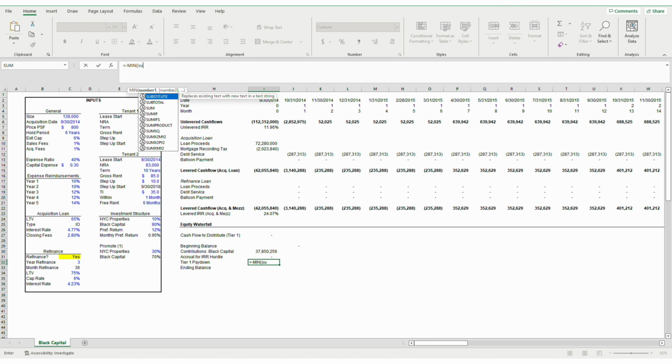My paydown is either the LP's 90% share of the cash flows or whatever's left to pay off the equity waterfall in the case of a capital event.